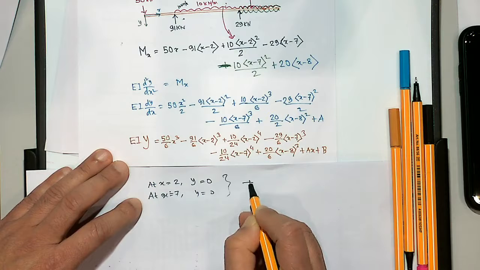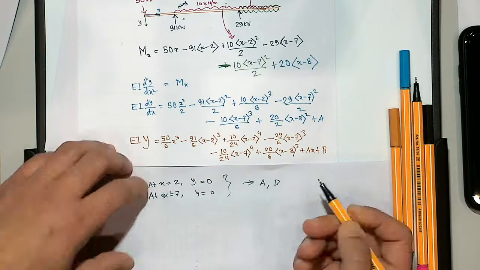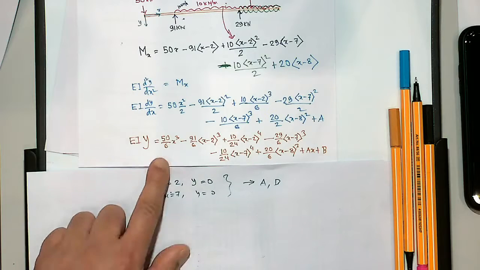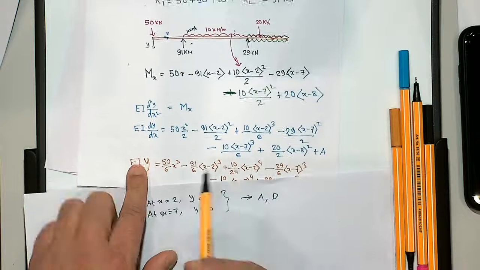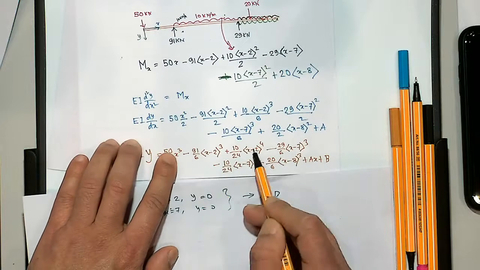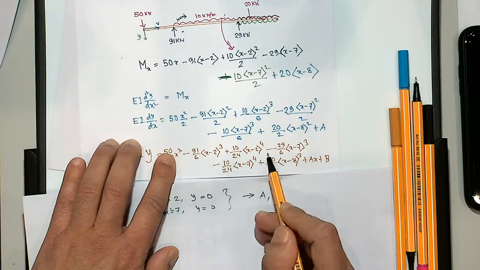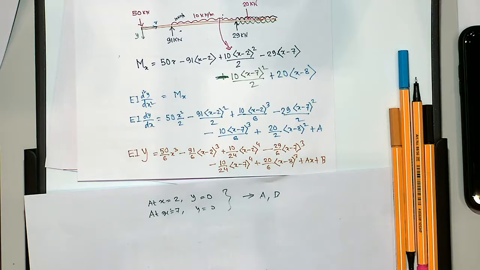So this will give you a and b. Once you get that, put that back in the expression. Now when you are putting x equal to 2, then this will have a value. None of these others will have values at all, because their values would be negative values. Is that okay?